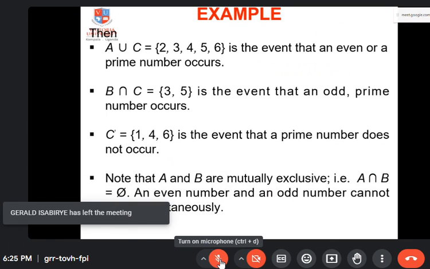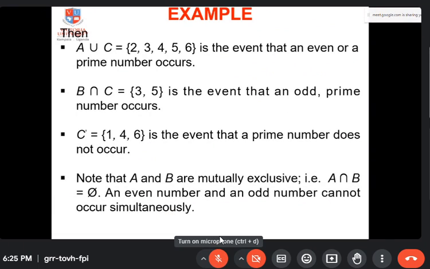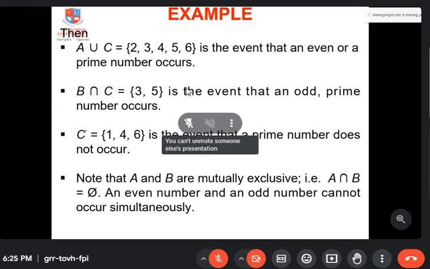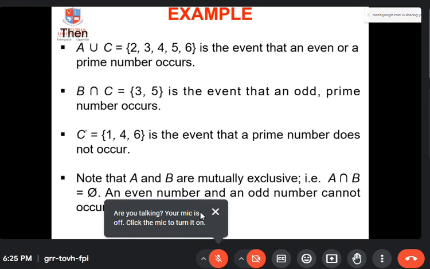Okay, any question? So note that A and B are mutually exclusive. I think that is obvious. Remember we said mutually exclusive means that you don't have elements in common.